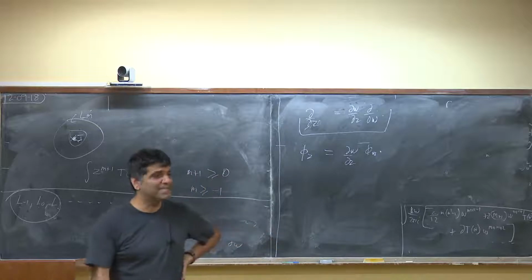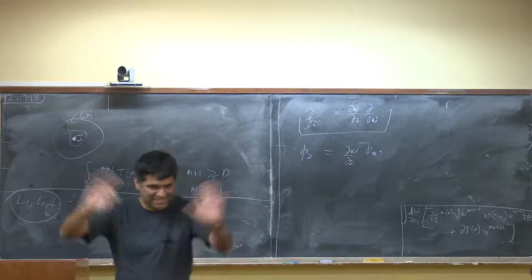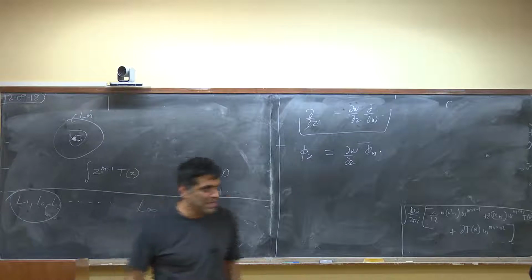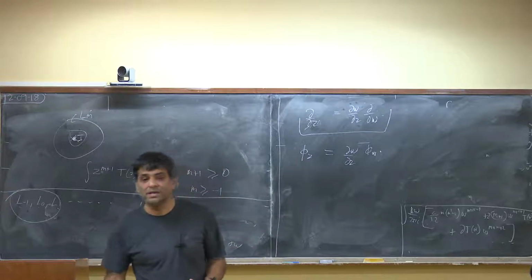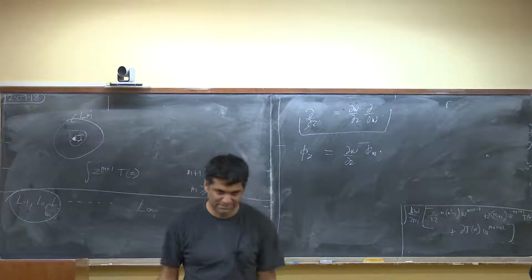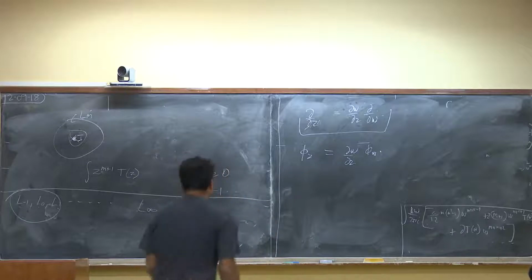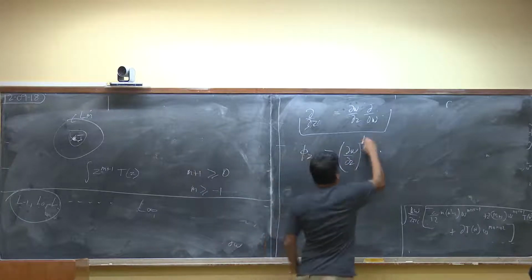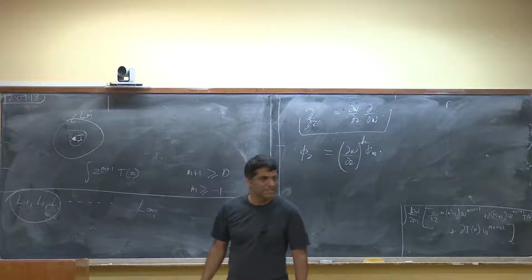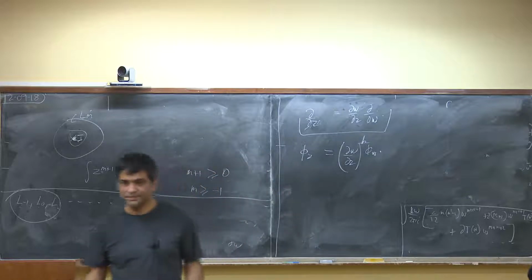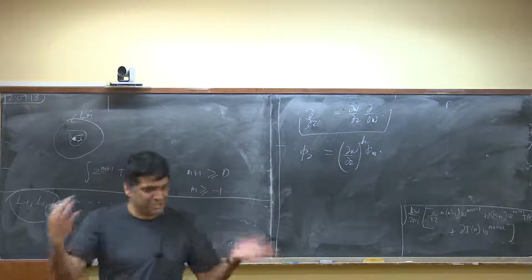Then I will call this a primary operator. This is just a name, just a definition. I will call this a primary operator of weight 1. More generally, if phi z transforms like this to the power h, I will call this a primary operator of weight h.